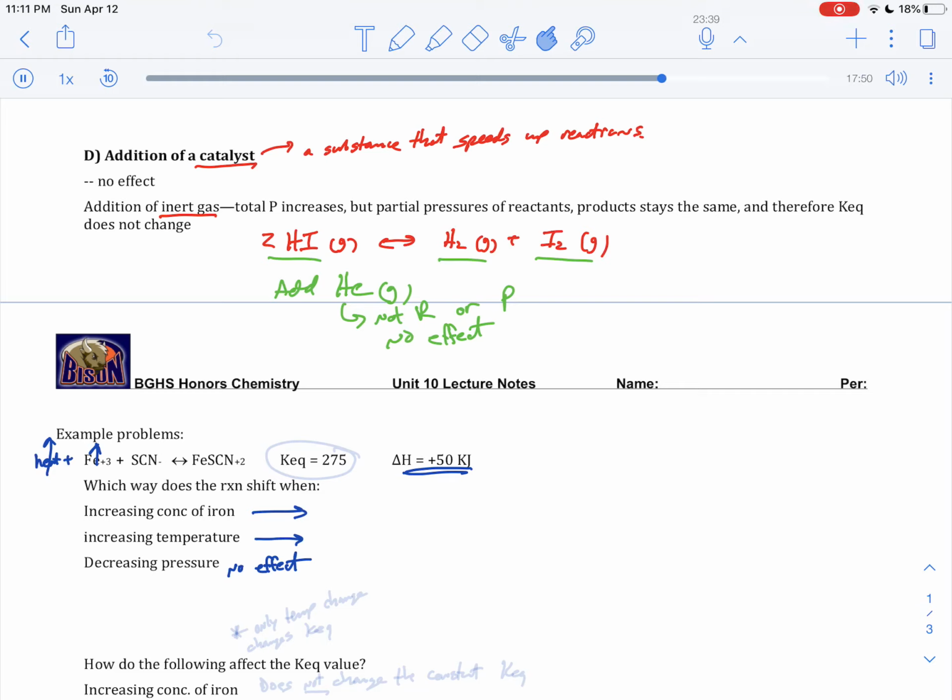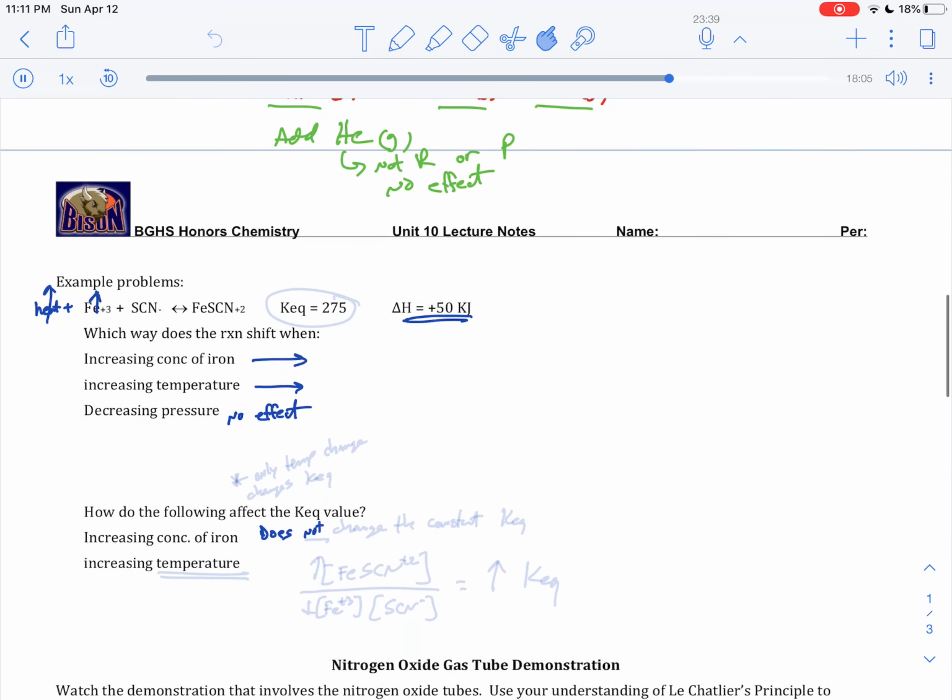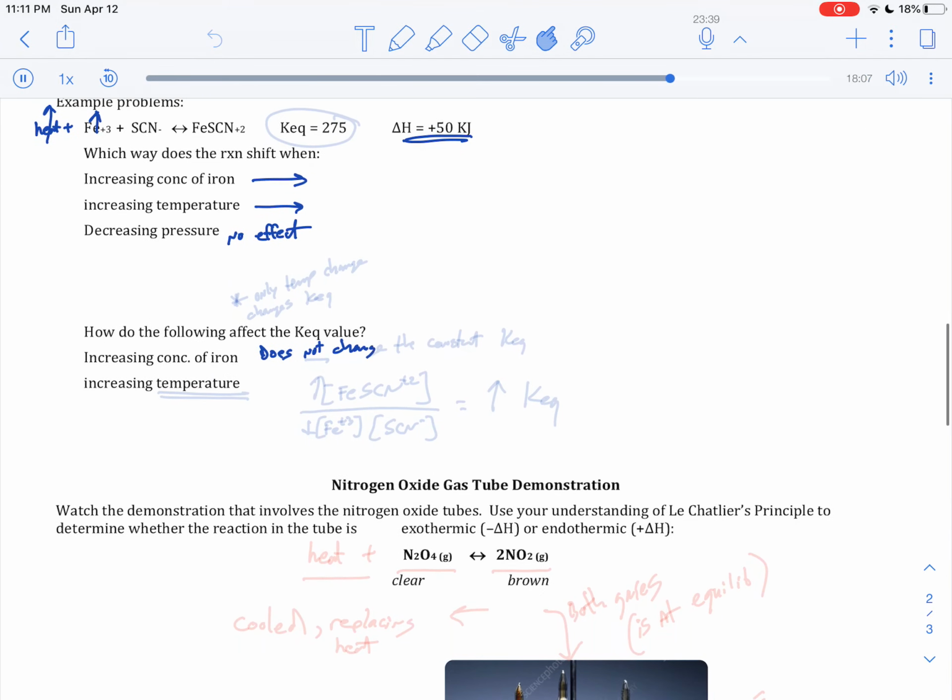So, how do the following affect the equilibrium constant value? If I increase the concentration of iron, while we did answer that that's going to shift the reaction to the right, it does not change the constant. This wouldn't be a very good constant if it kept changing.